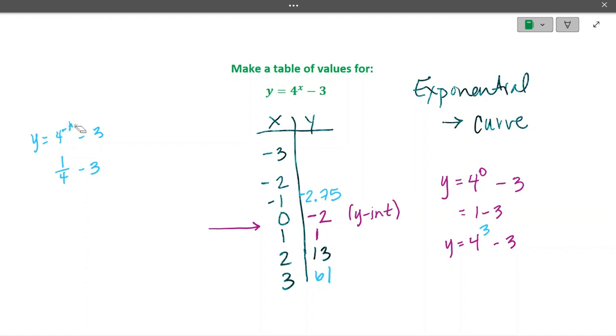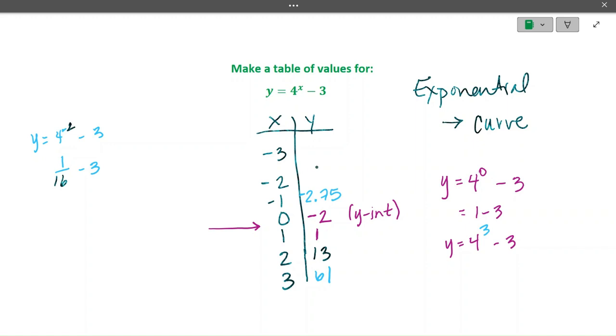Oops, let me grab my eraser. I'm going to do the same thing. This becomes negative 2. This becomes 1 over 16, right? Negative exponents basically make your number smaller. You change the location of your base and the exponent turns positive. So 1/16 minus 3. This is kind of a yucky number, so I think I'm going to leave it as a fraction.